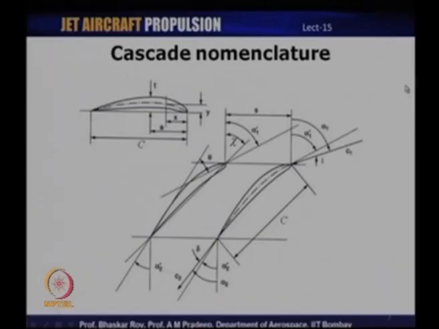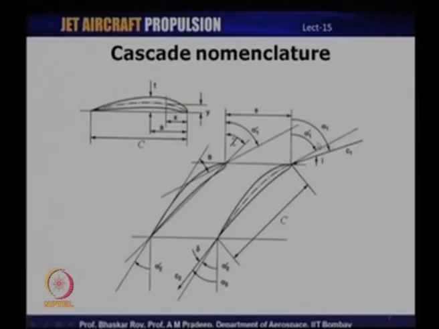So, these are the different terminologies used in cascade analysis, and some of them we have already seen in the last class when we talked about velocity triangles, that is, the blade inlet angle and outlet angle and so on. The inlet angle shown here is what we had discussed in the last class, but in this case, since the blades are stationary, we have only one angle. There is no relative velocity here, and that is why we just have alpha at the inlet and outlet, which is the blade angle, what we had denoted by beta in our previous class with reference to the relative velocities.